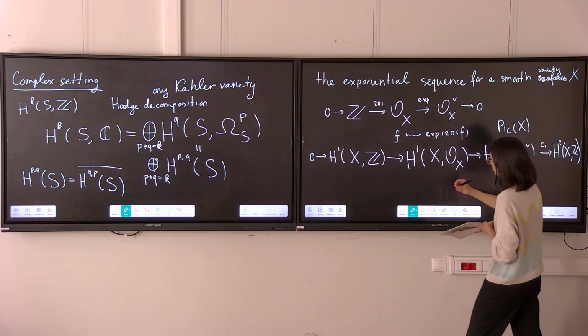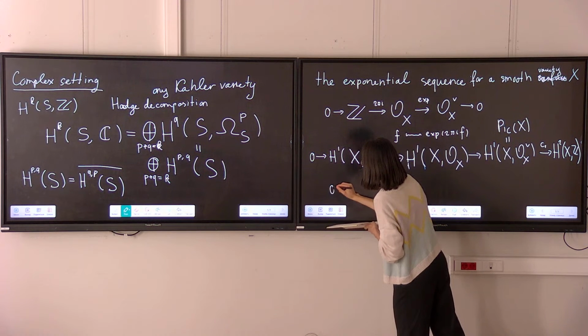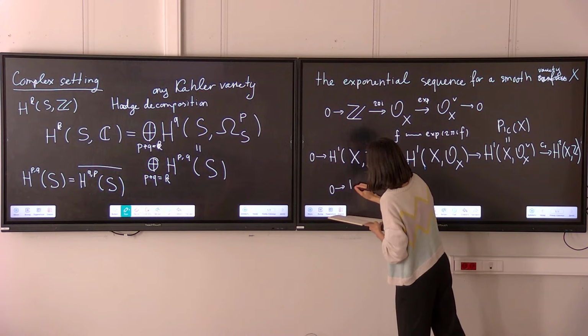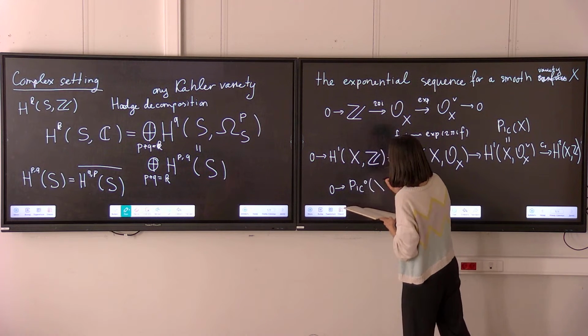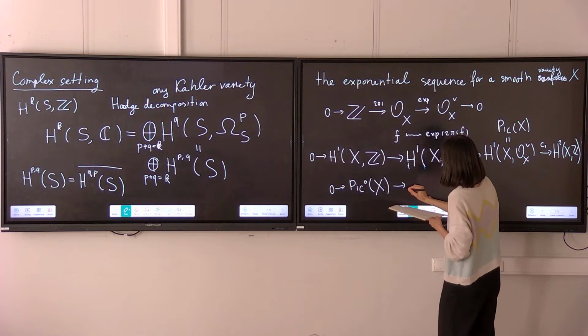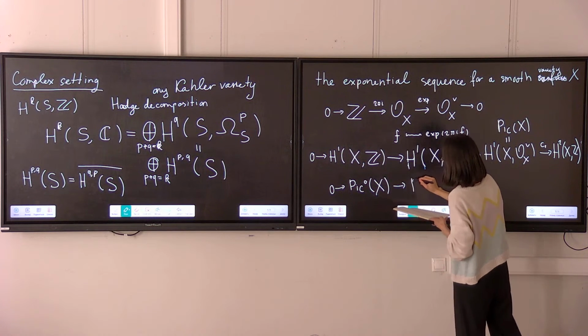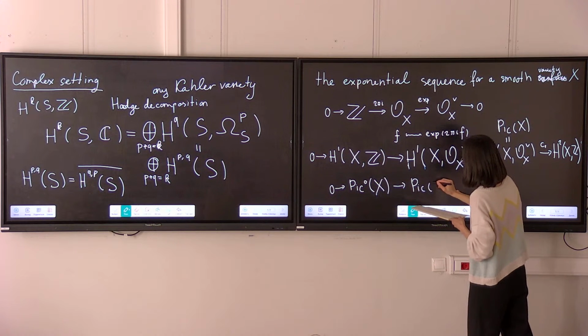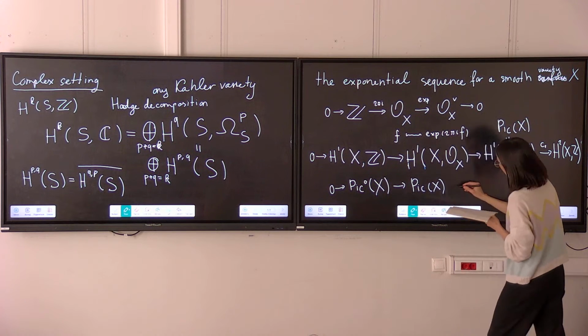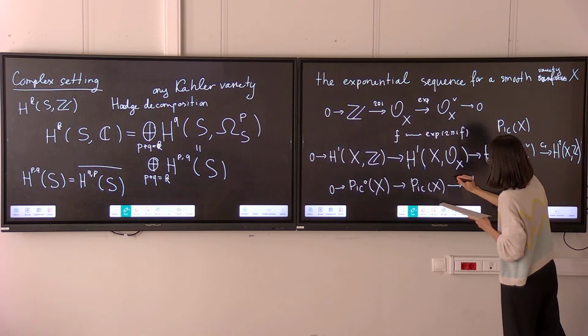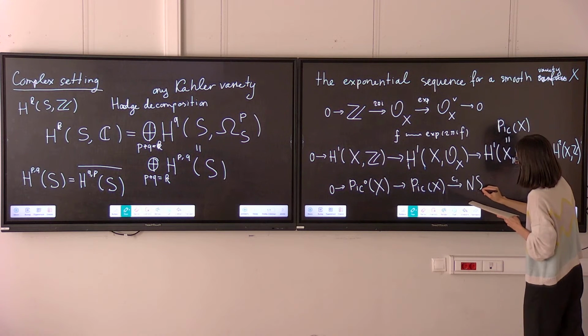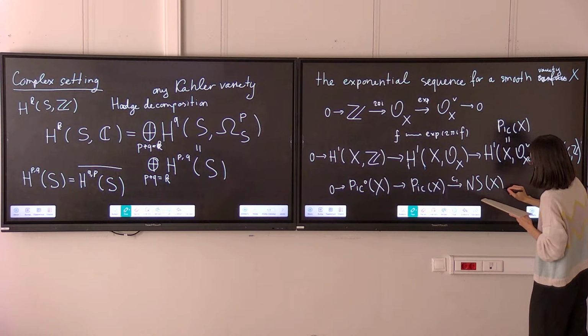So from the Hodge theory, we obtain the following exact sequence. I will explain in a minute. This is mapping to the Picard group. And in fact, your first Chern class gives you a map to the Néron-Severi group.